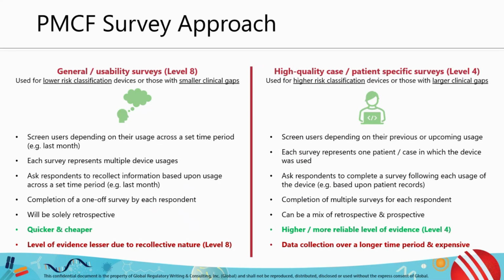In terms of how they differ in approach, with the general surveys you're screening users on, or asking users about, usage of a device across a set time period, so the last month or even the last 12 months. So each survey represents multiple device usages, and you're asking respondents to recollect information and be a lot more general in terms of questions on usability and so on.